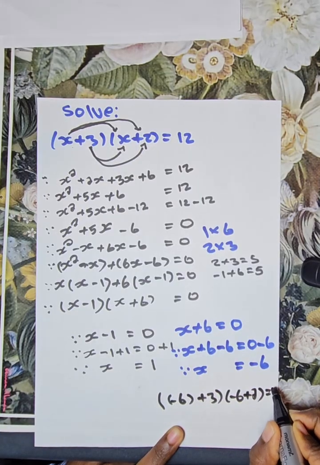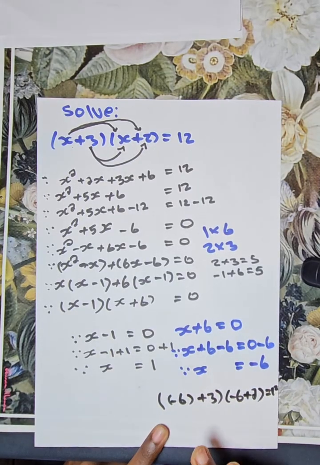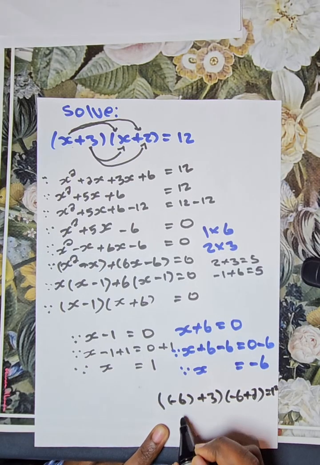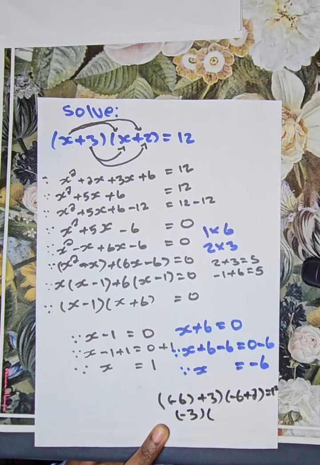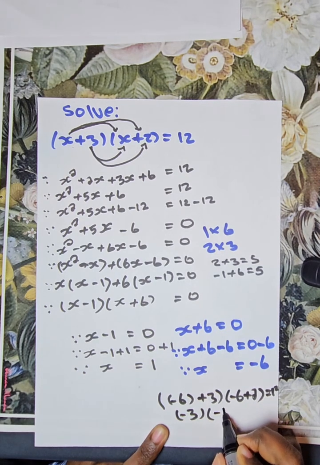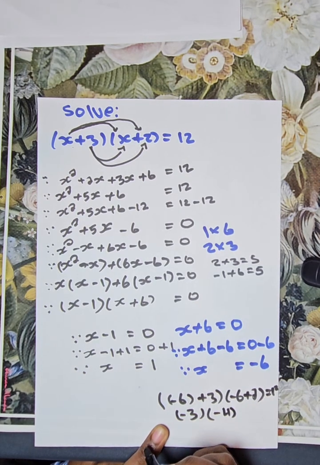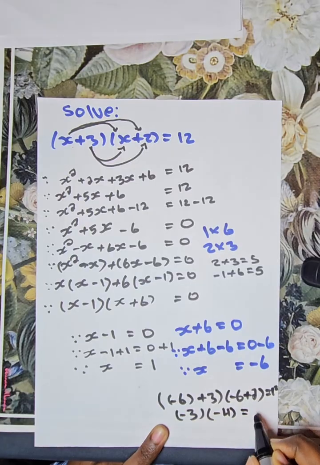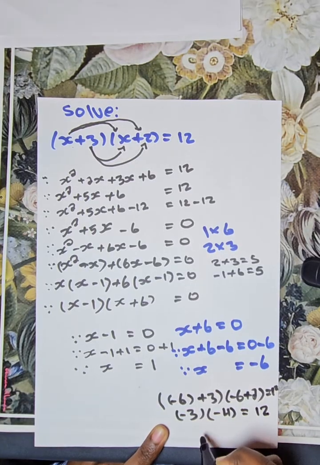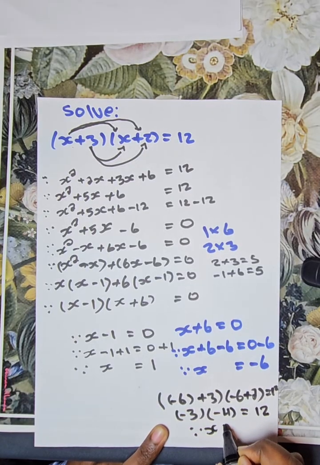This all must give me the answer of 12. If I add 3 to negative 6, it gives me negative 3. If I add negative 6 to 2, it gives me negative 4. Negative 3 times negative 4 gives me 12. Therefore, x equals negative 6 is valid.